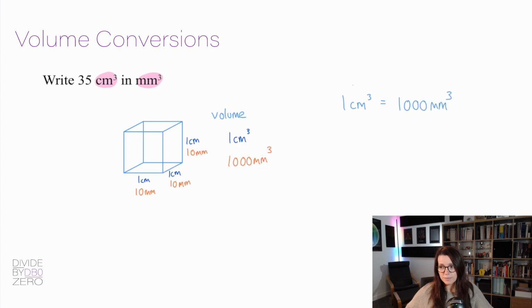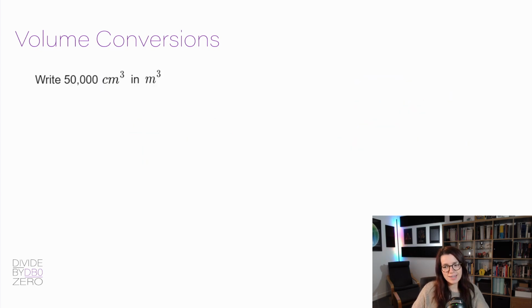We want to go from centimeters cubed to millimeters cubed, so we must times by 1,000. We want 35 centimeters cubed. We times that by 1,000. And we get 35,000 millimeters cubed. And that's the answer.